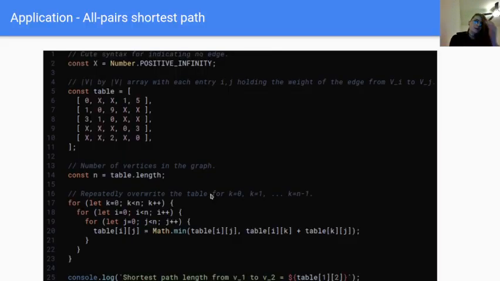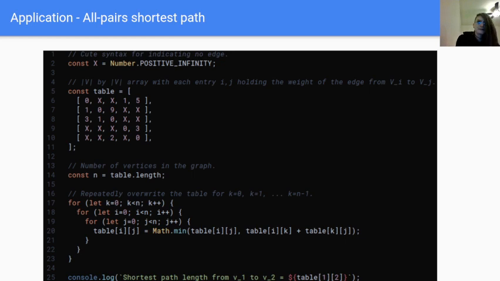And here's some JavaScript code that actually does that. This is just normal Floyd's algorithm code. So we're going to start off with our table. In our graph lecture, our graph representation was basically nodes, like a node class. So each node was an object that had a list of adjacent neighbors that had some weight associated with them, maybe, if it was a weighted graph.